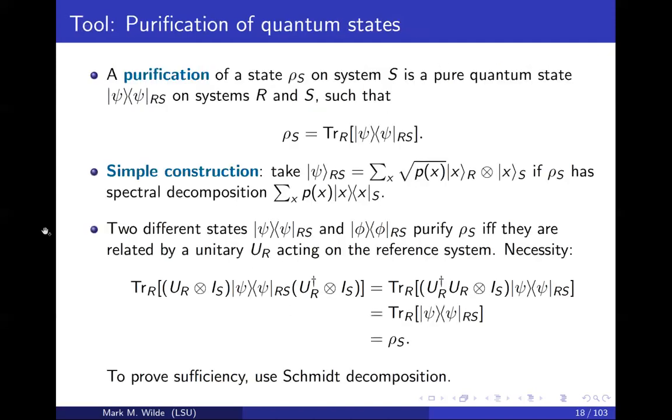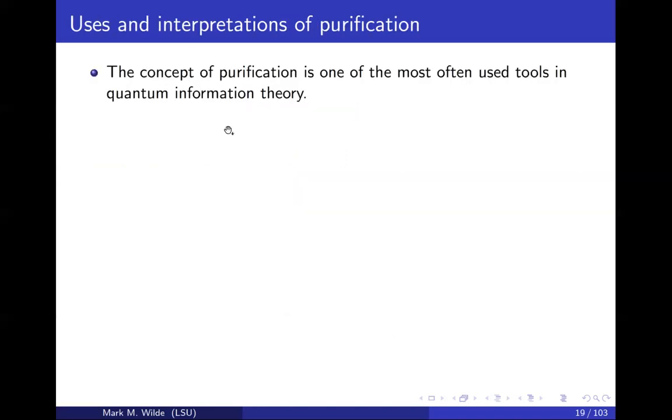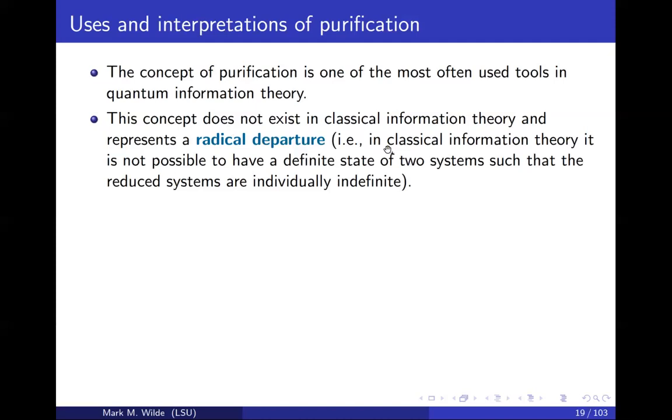So the situation here is such that the state of the joint system is definite, but the state of the individual system is mixed. Generally this p_x can be a full probability distribution with a bunch of different numbers, and that's really a mixed state. That simply doesn't happen in classical theory. You don't have a definite state of two systems such that the individual systems are indefinite. It just doesn't happen, so it's very different from the classical theory.